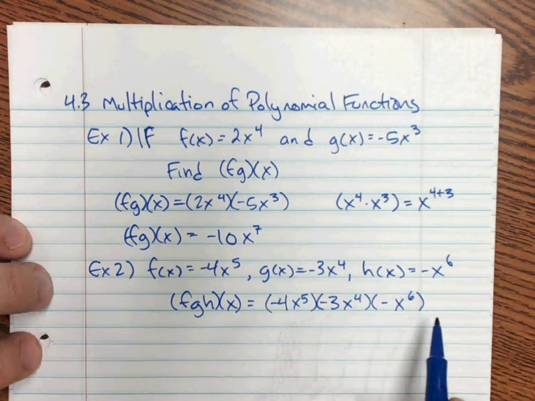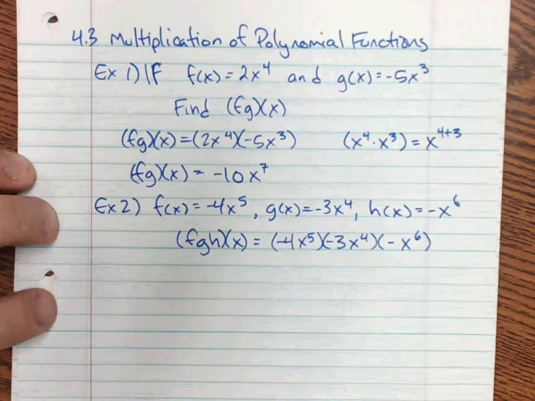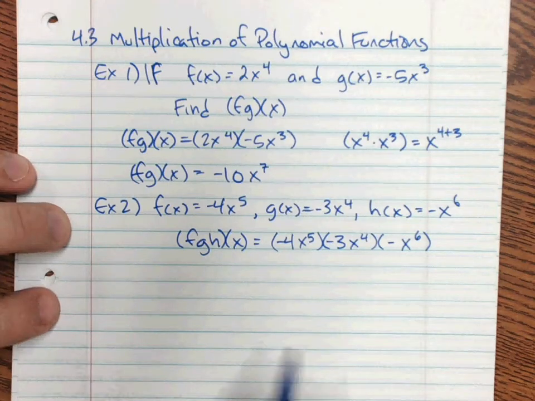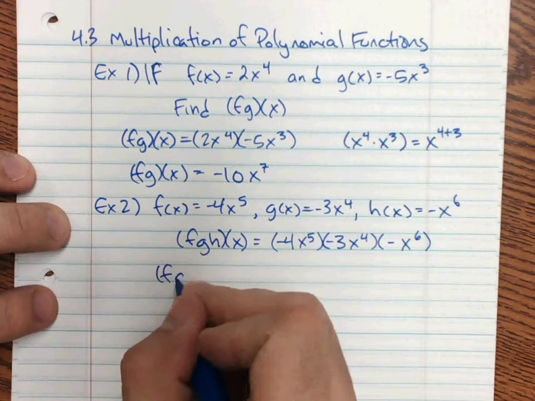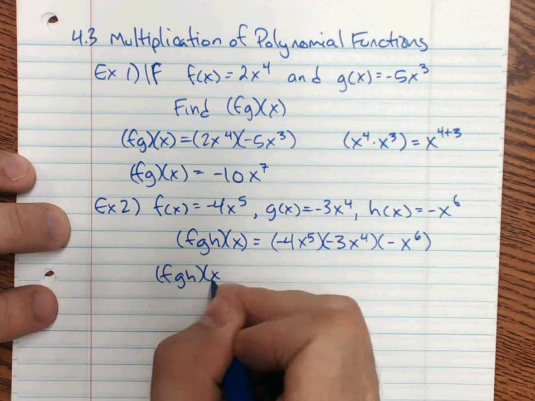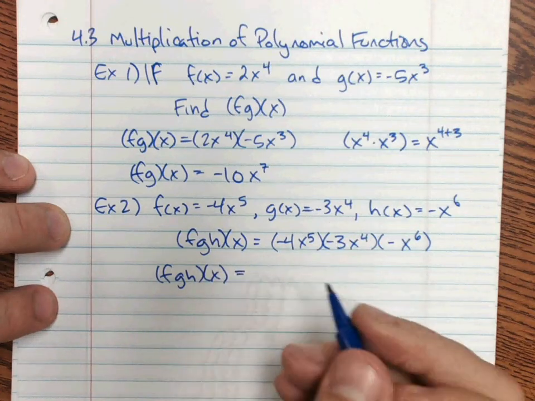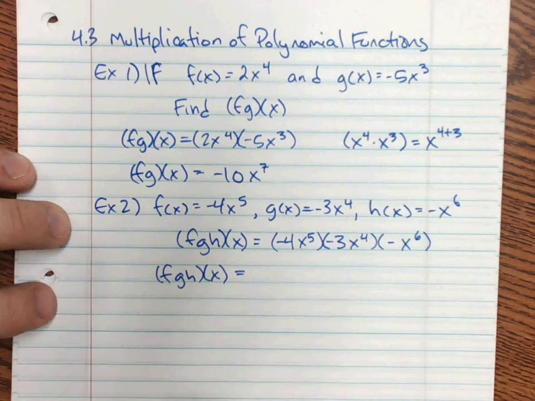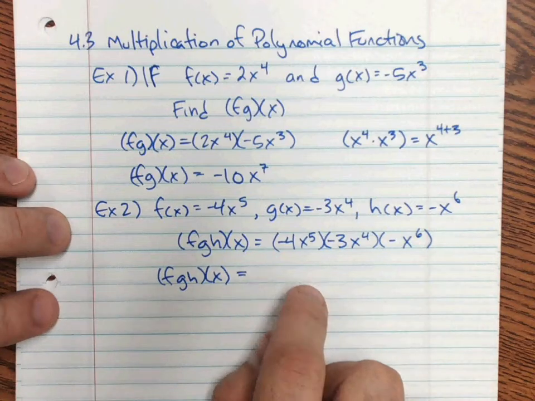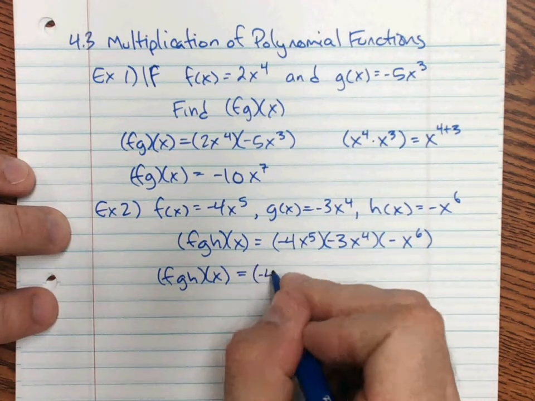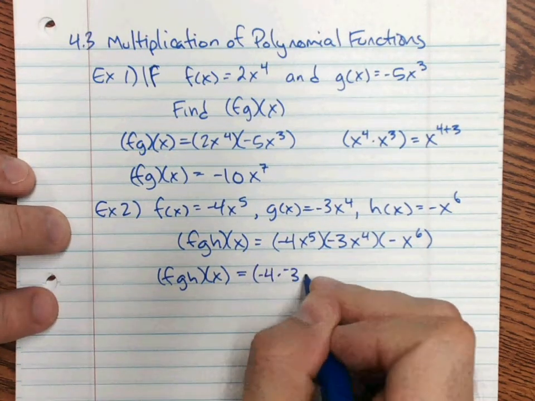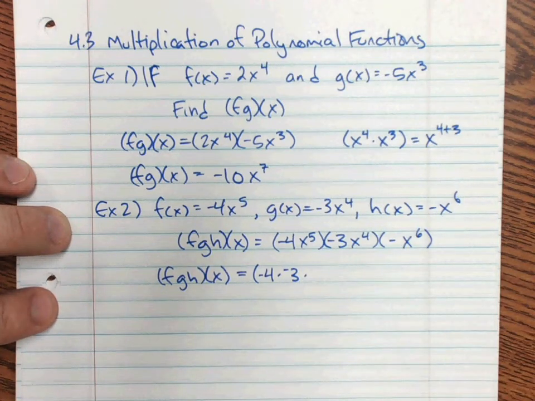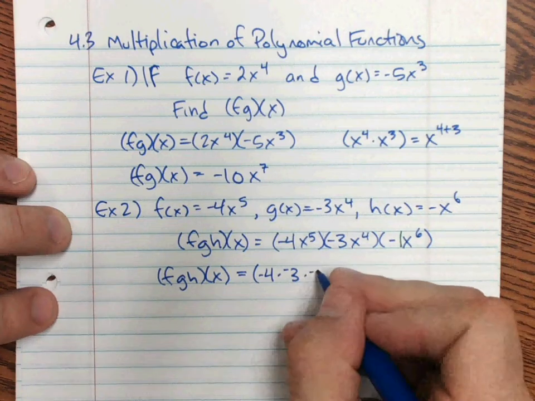Now when there's more like this, sometimes it's a little bit easier to go ahead and rearrange them in a way that makes more sense. Usually what I will do is take all of the numbers and put them in one set of parentheses and take all the variables that are similar and put them in another set of parentheses. So for this set, I'm going to take negative 4, negative 3, and if you look here, there's a 1 in front of that, so we'll make that times negative 1.